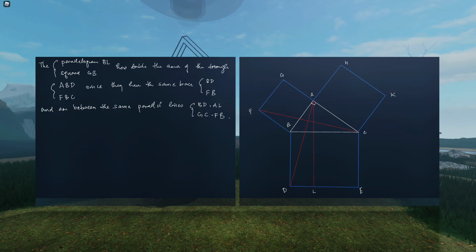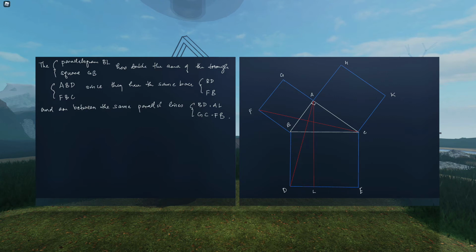So you can already see the argument forming, right? We've shown previously that these two triangles are congruent, they're actually exactly the same. Consequently, they have the same area. And so what we're actually going to say is that, because of this, this square has the same area as this parallelogram. So we're already halfway there, right?